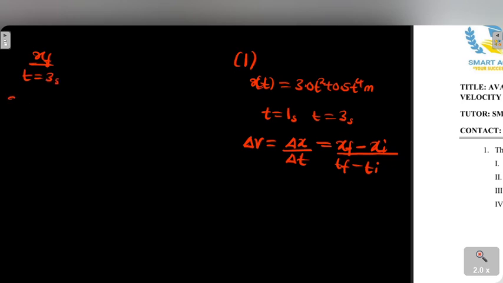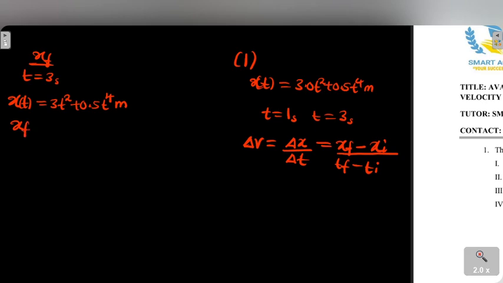So we'll get our function, x as a function of t, equal to 3t squared plus 0.5t to the power 4 meters. At t, we're going to substitute a 3 so that we find the final position.